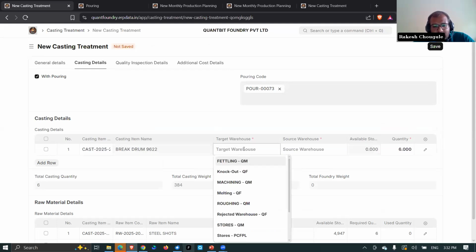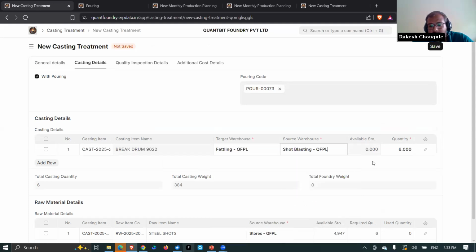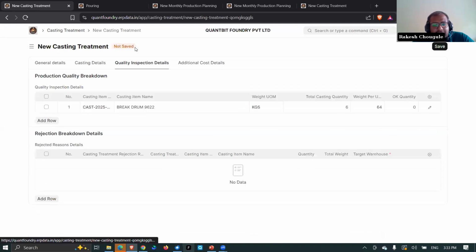I have to add here the next stage of the casting, where it will go, and shot blasting. Here you can see the available stock, and 6 quantities I have done in that particular production entry. So against that production entry, I can make only 6 quantities of the casting treatment. After that, there is a quality inspection.